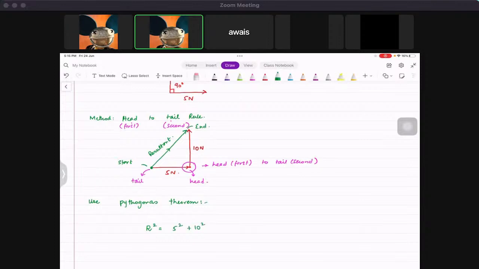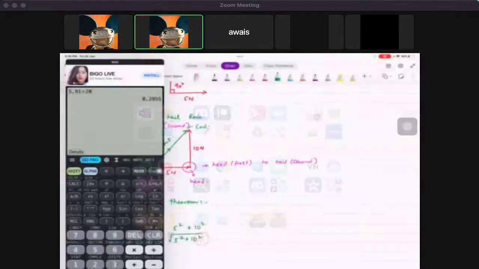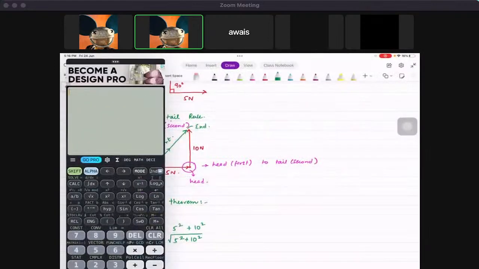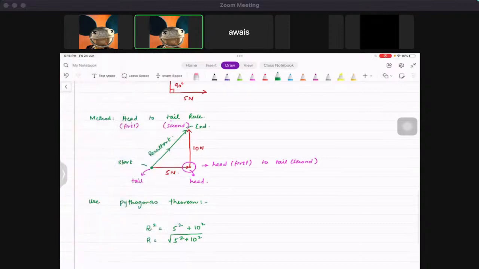You might have learned this in math already. You take the square root to remove the square, pull up your calculator and solve it: square root of 5 squared plus 10 squared. It is going to be 11.1, 11.2. So the resultant will be 11.2 newtons. Any questions? Please let me know.